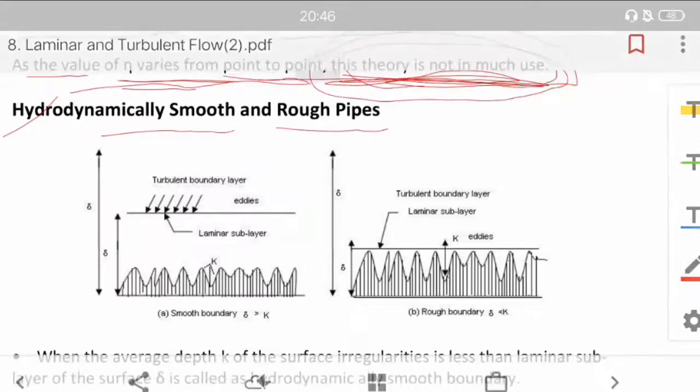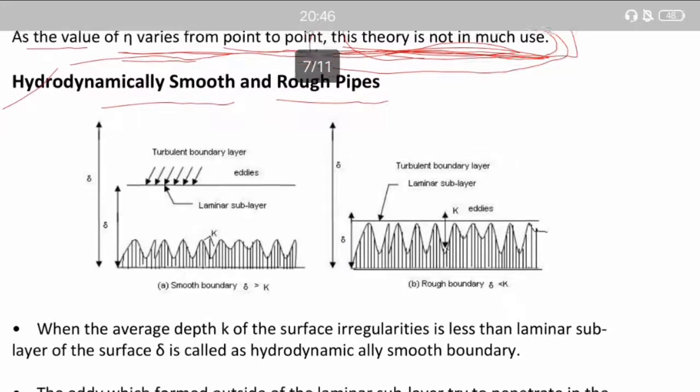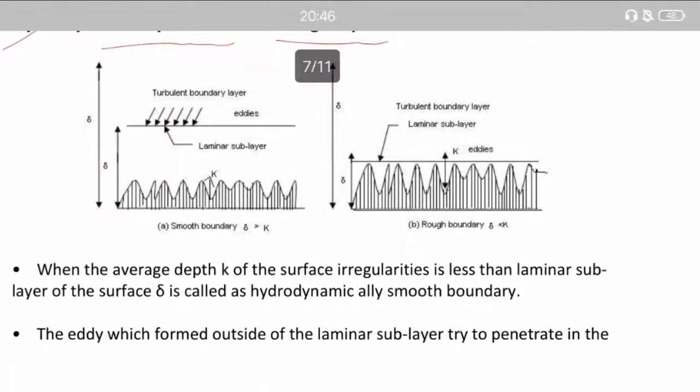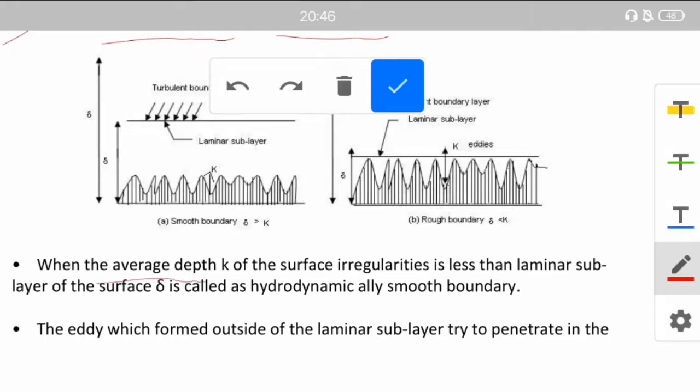Before getting habituated with this diagram, let us clarify the terms that are available. That is, the average depth K of the surface irregularities, these are the surface irregularities, and we are considering K as the average depth of this irregularity of the surface.